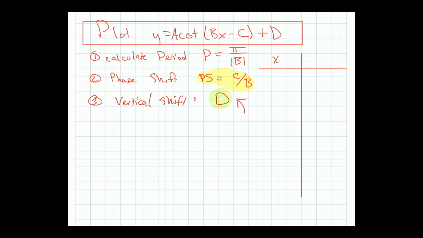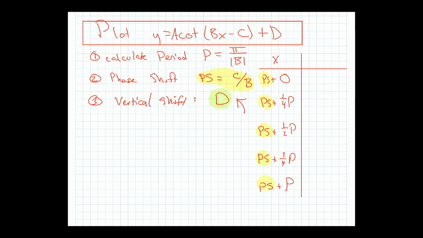It used to be 0, quarter period, half period, 3/4 period, 1 period. Well, now you've got a phase shift. So now it's the phase shift plus that, phase shift plus, phase shift plus, phase shift plus, phase shift plus. Everything just moves by the phase shift to the left or right.